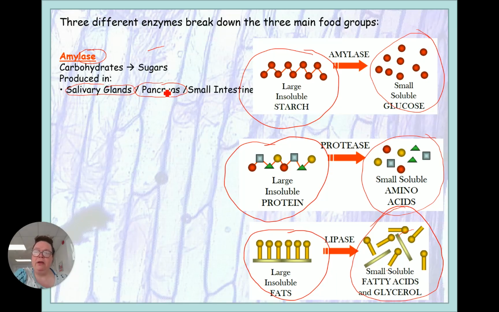The pancreas produces amylase, but remember me saying the food doesn't go through the pancreas, so the pancreas secretes it or releases it into the small intestine. Okay, so it's made in the pancreas and then released into the small intestine.